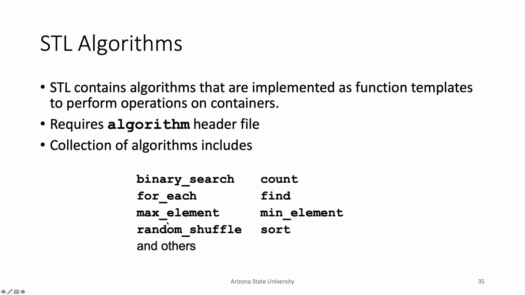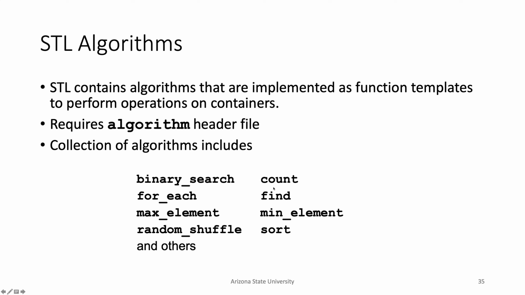Max element will return to you an iterator corresponding to the maximum element. Random shuffle, there's actually a better function now called shuffle, not the random, for other reasons, but that will shuffle all of the elements in the vector completely arbitrarily randomly. So if you wanted to shuffle all the elements around, just call that function.